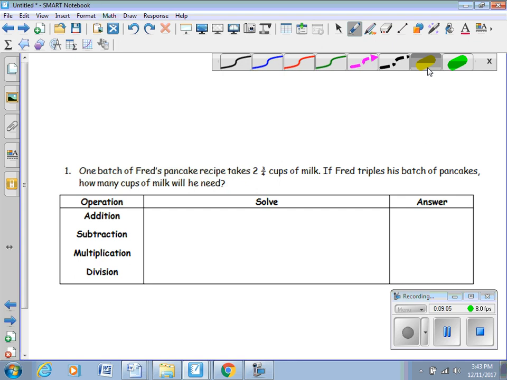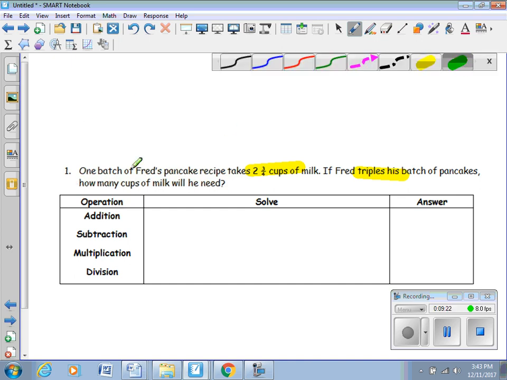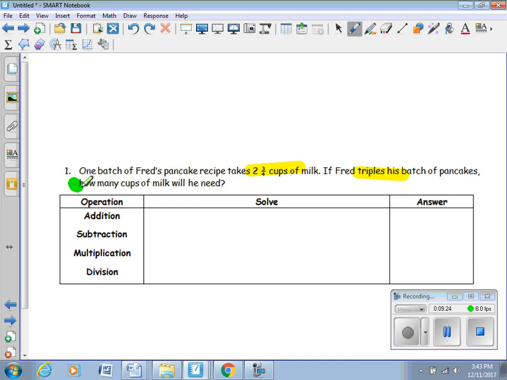So he has one batch. One batch takes 2 3/4 cups of milk. Fred is going to triple his batches. Want to know? And then my question, which is also quite important, because I want to make sure I'm answering the right question, is how many cups of milk will he need?